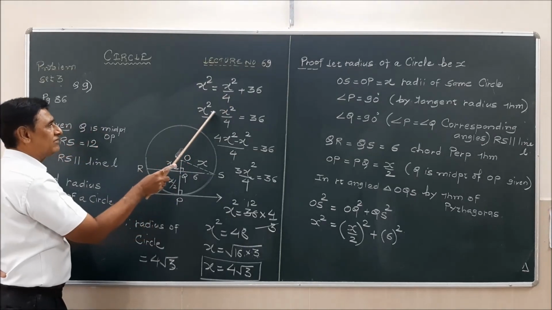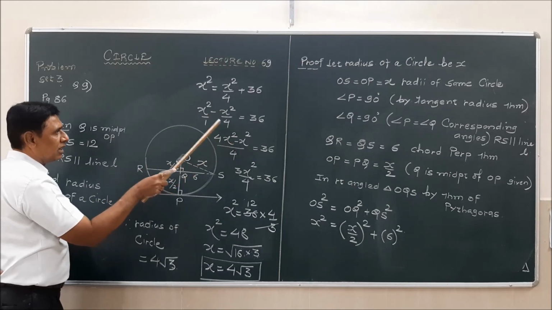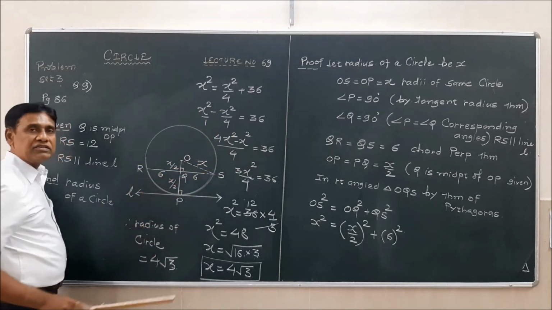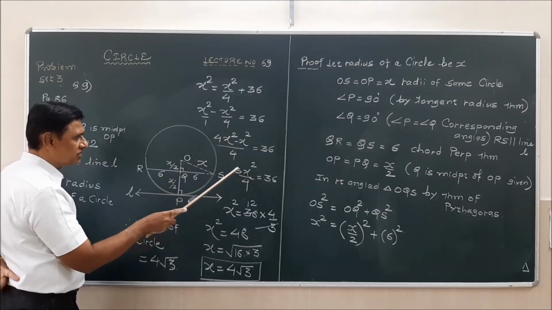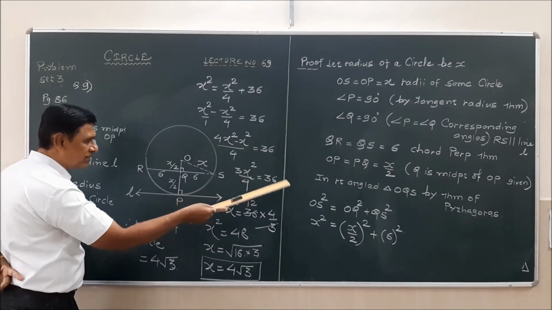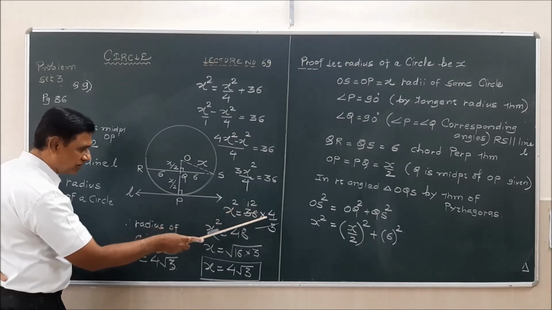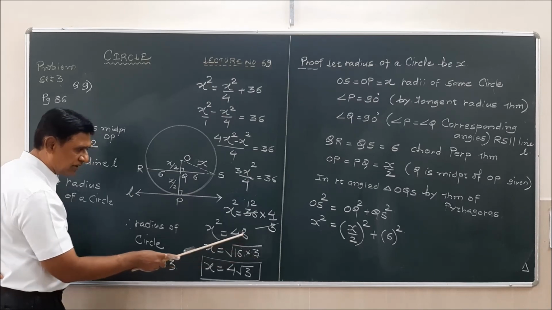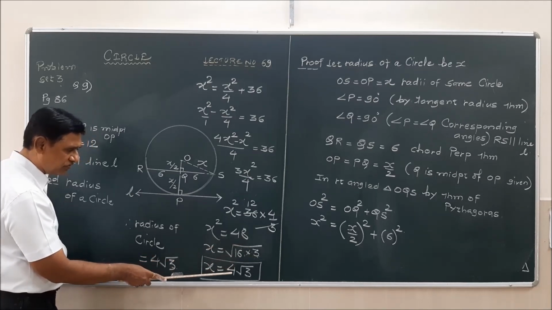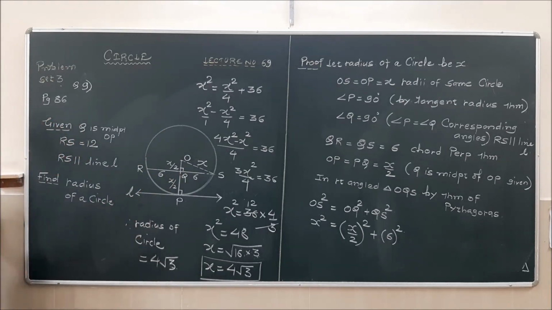If I transfer to the left hand side, x square minus x square upon 4, 4x square minus x square upon 4 is 3x square upon 4, equal to 36. 3 upon 4, if we transfer to the right hand side, 4 upon 3. 3 12s are 36, x square is equal to 12 4s are 48. Taking square root, 48 you can write as 16 into 3. Square root of 16 is 4. X is 4 root 3. But what is x? X is radius. So radius of a circle is 4 root 3 centimeter.